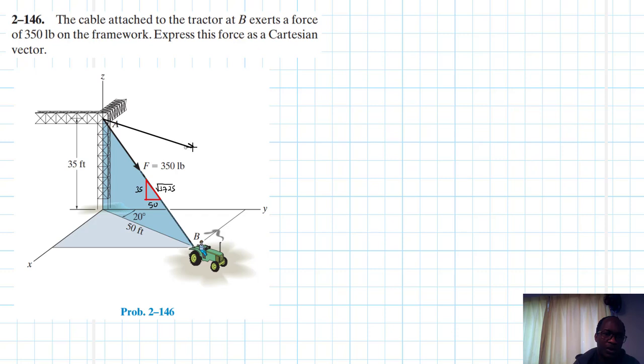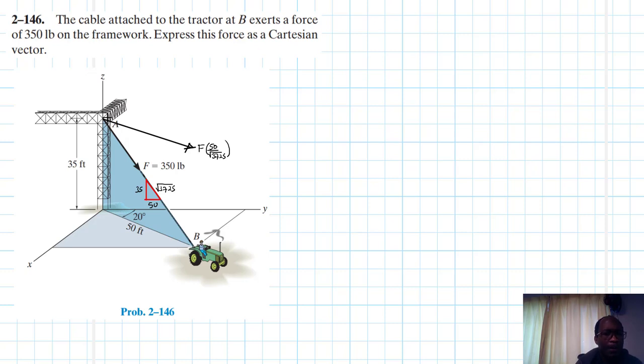We are going to call this one f. This is f times 50 divided by the hypotenuse, which is root of 3725.